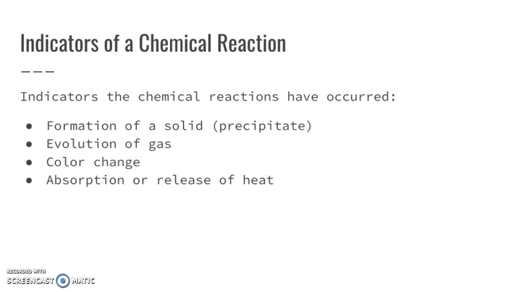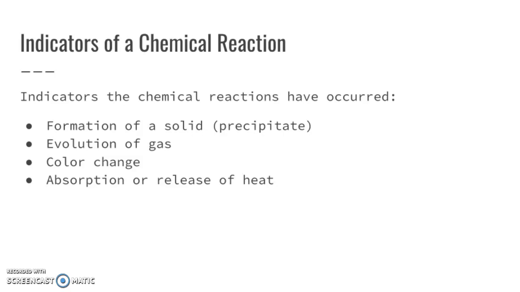These are the 4 types of indicators that we're going to be discussing. If there's a formation of a solid, which we call a precipitate, when I mix chemicals together, that's going to tell me a chemical change is occurring.